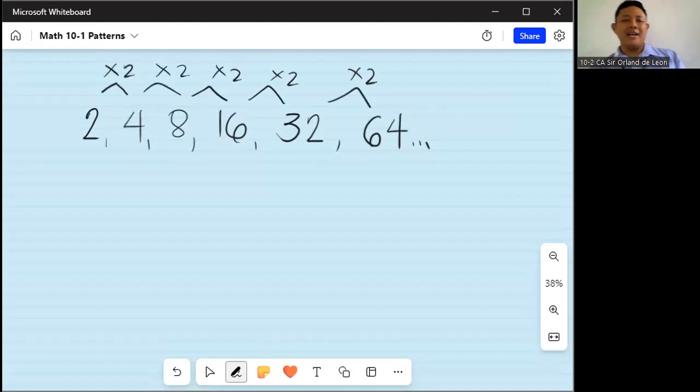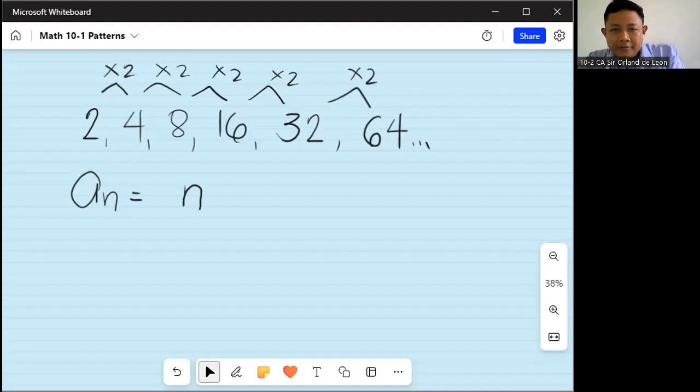Now, this is my challenge to you. How will you transform this into a formula? A sub n is equal to what? Of course, there will be n here. Now, how do you think can you use that times 2 in the process? Try to play with your formula. Sige nga.